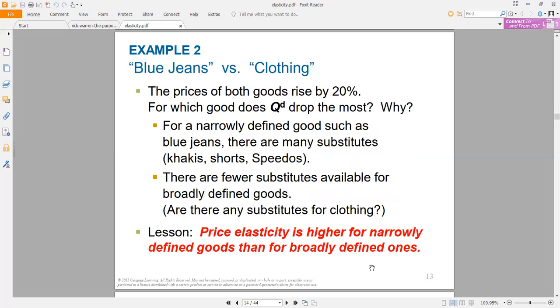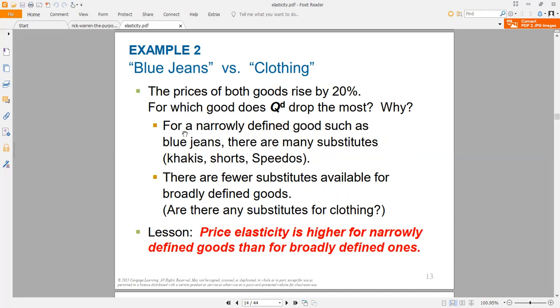Okay. Then let's look at blue jeans, and then this entire clothing. Now, if you take jeans, this one too, we are assuming that there's a 20% increase in price, for both goods. Jeans has a lot of substitutes.